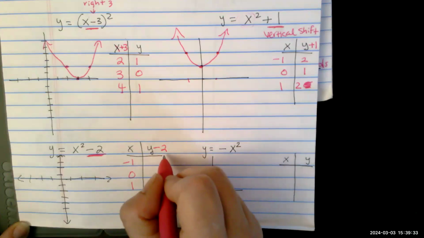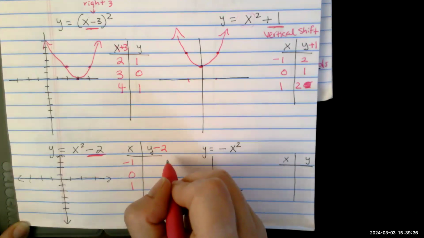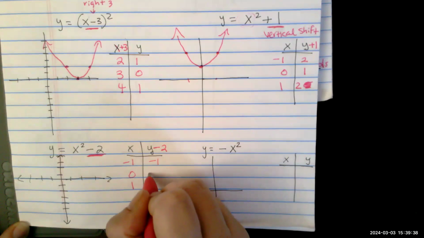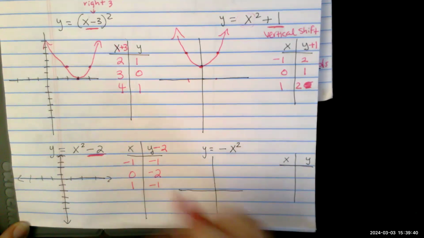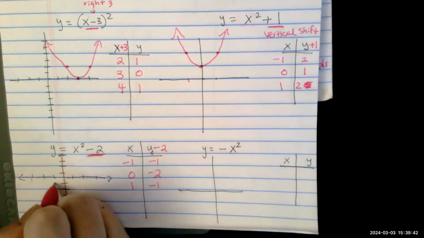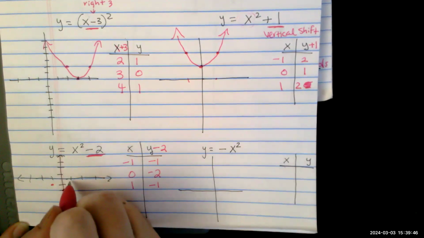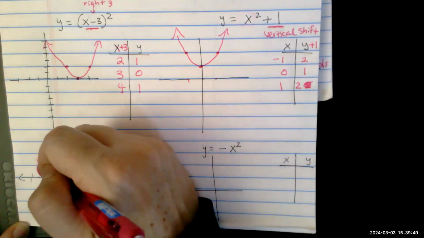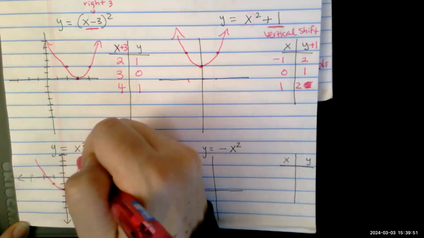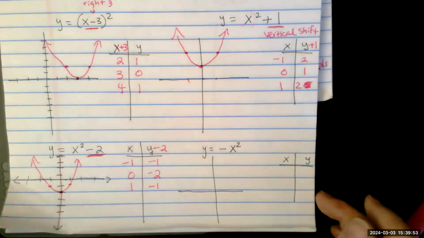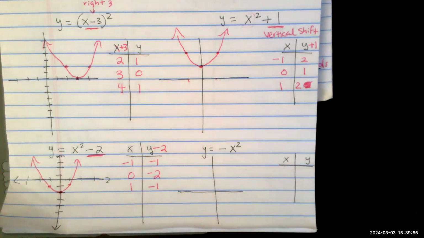Y's, I need to subtract 2. So 1 minus 2, 0 minus 2, 1 minus 2. So -1, -1, 0, -2, 1, -1. Same old parabola, just moved down 2, shifted down 2.